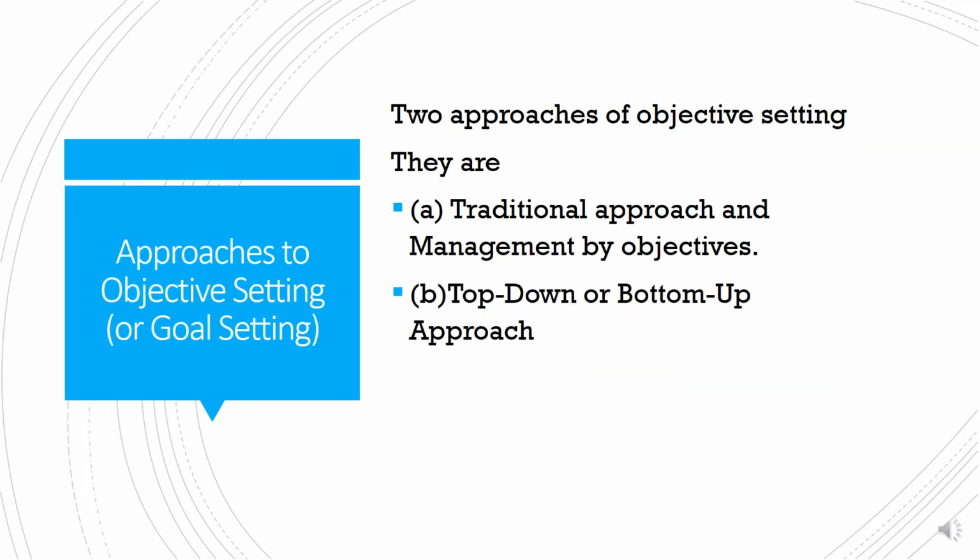So there are two approaches of objective setting. The first is the traditional approach and management by objectives, and the second is the top down or bottoms up approach. More or less they are similar, because we have discussed management by objectives in our previous unit, 1.4a. You can go back and look for it.